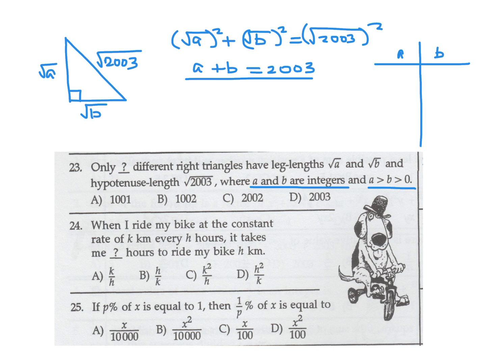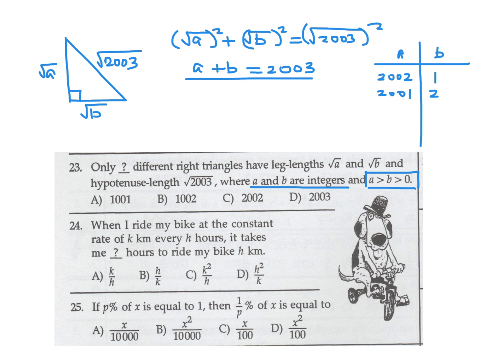A is greater than B has to be satisfied. And they're both greater than 0. So the smallest B can be is 1, and therefore A is 2002. And then 2 would make this 2001, and then so on down.